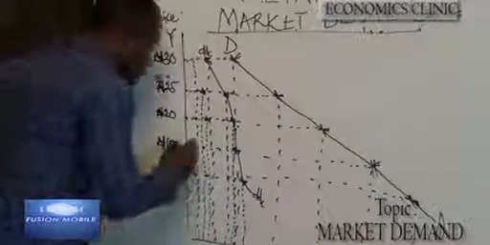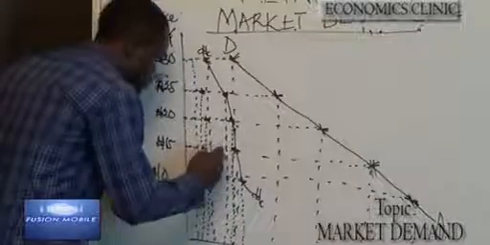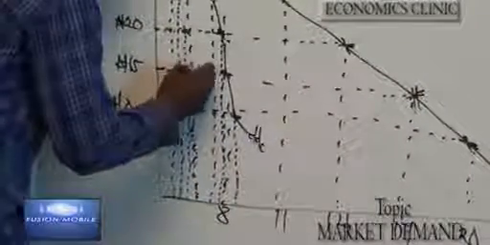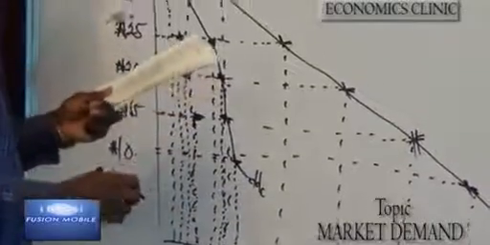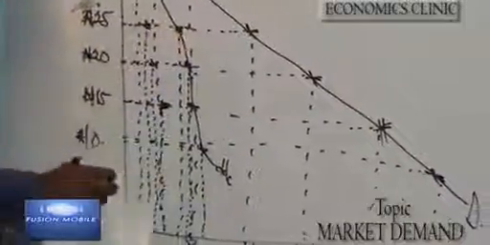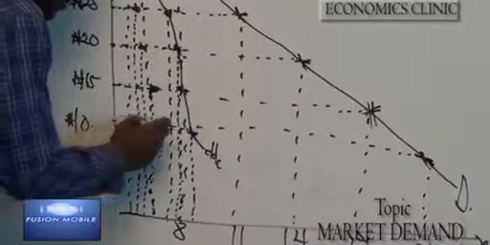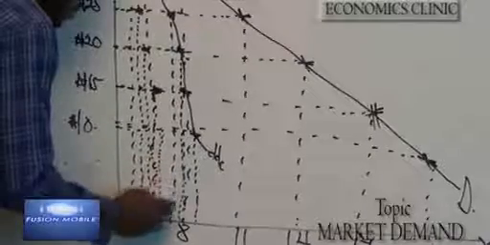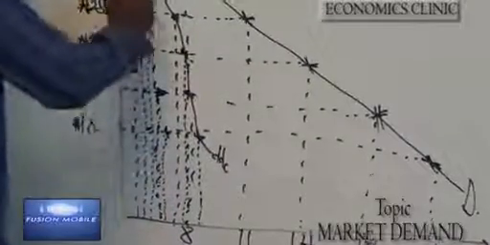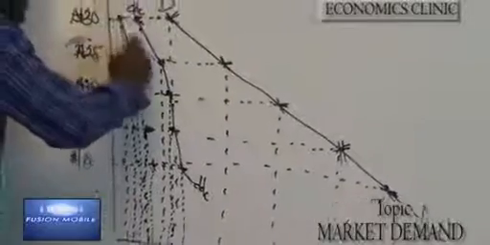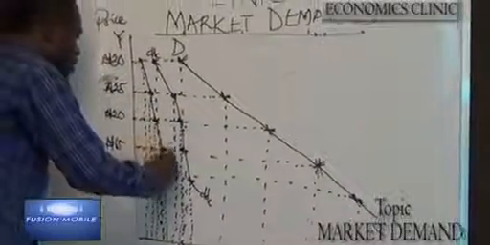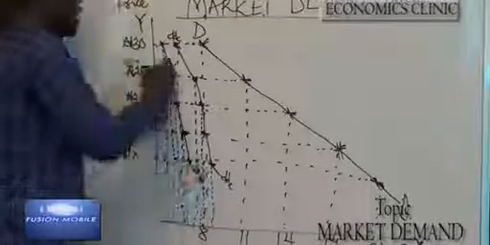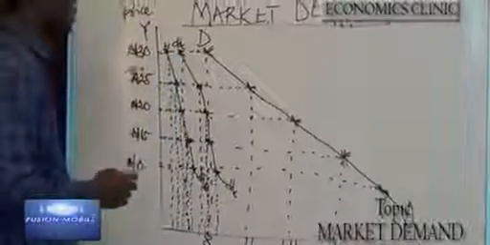Quantity 5 was demanded, and at 10 naira, quantity 6 was demanded. This can be drawn like this, where you have quantity B demanded.